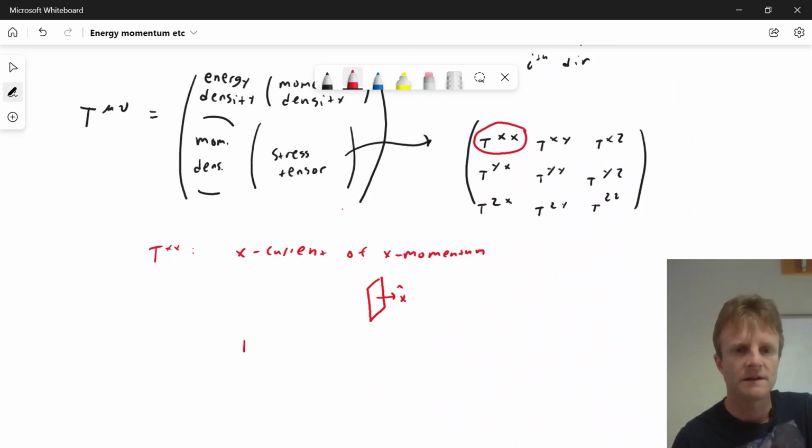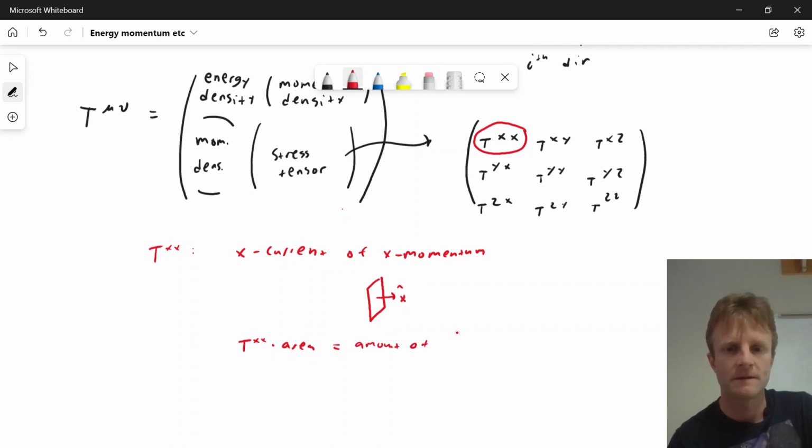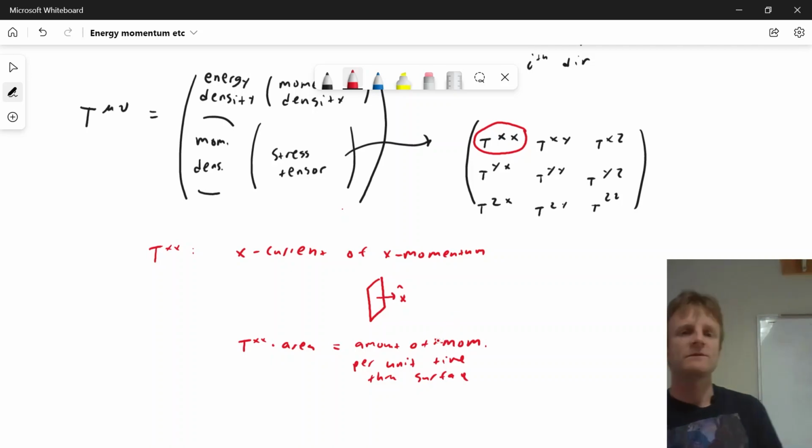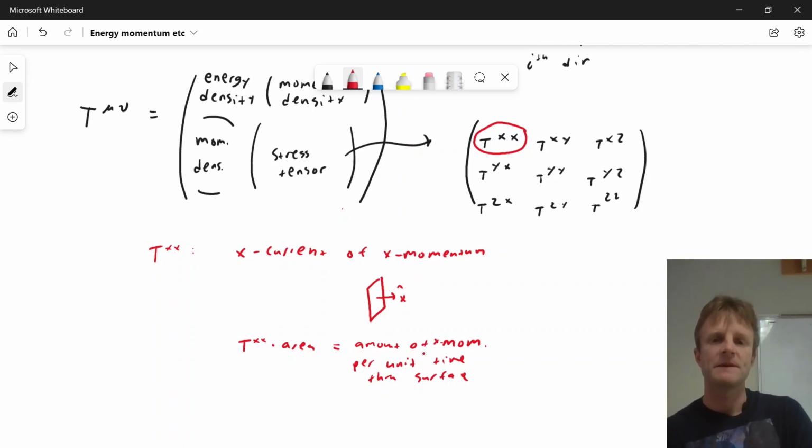So here, Txx times the area is the amount of x momentum per unit time through the surface. But what is this? When you talk about the change in the x momentum per unit time, per unit area, that's just the pressure. So Txx is pressure.